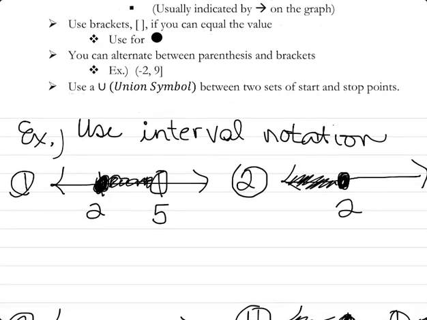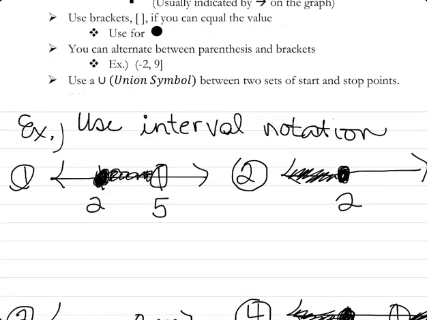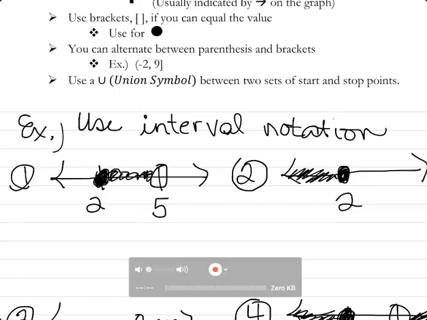So let's look at some examples. I've drawn them out with the open and closed circles. On number 1, we have the closed circle on the number 2, the shading between 2 and 5, and the open circle on the number 5.